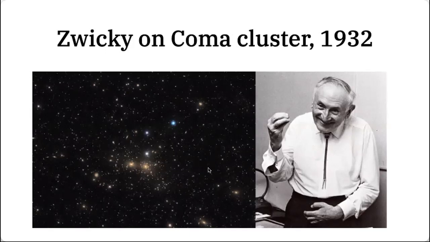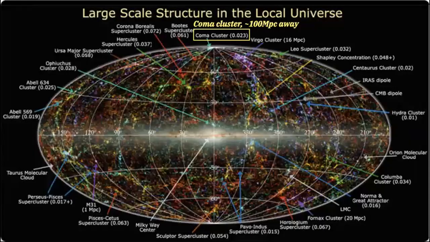That's what we call a galaxy cluster. If you look at the sky map in galactic coordinates, the Coma cluster is located right here. It is about 100 megaparsecs away from us.